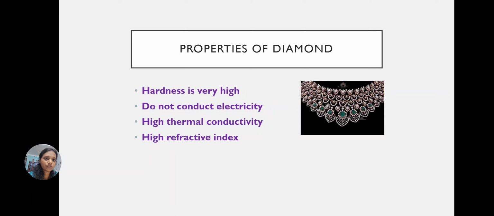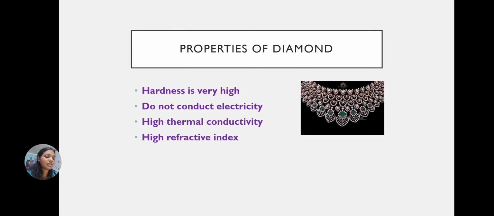What are the properties of diamond? Due to its strong bonding, it is very hard, does not conduct electricity, and has high thermal conductivity and a high refractive index. Each carbon atom in this network covalent structure could be considered as a central carbon atom, with its neighbors at the edges of a tetrahedral arrangement.